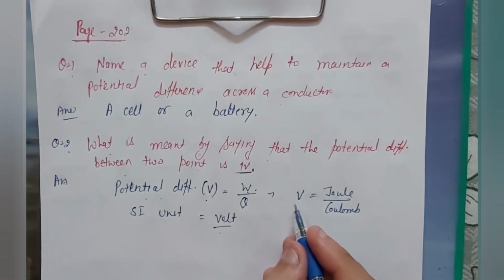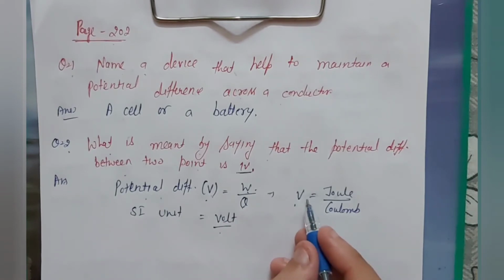So 1 volt is the potential difference between 2 points.